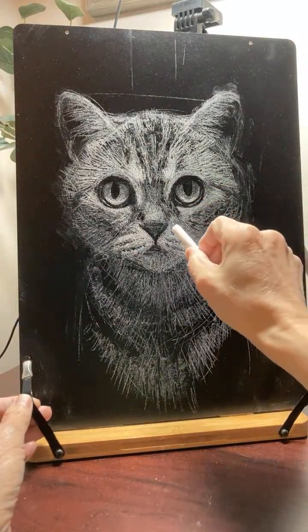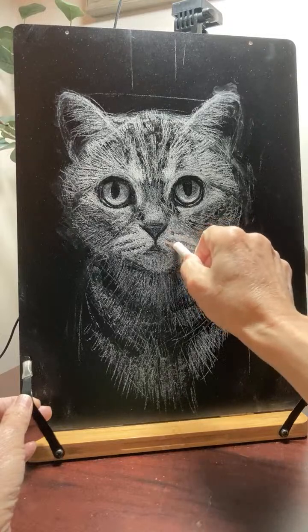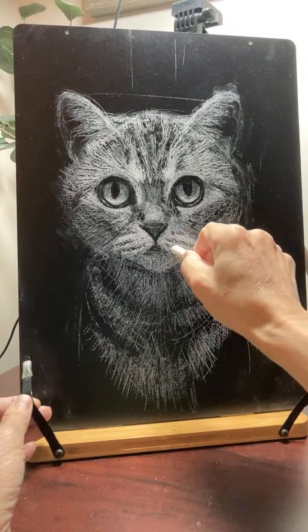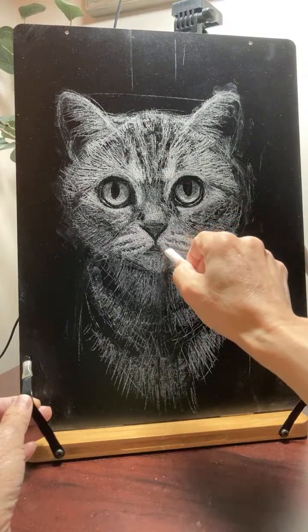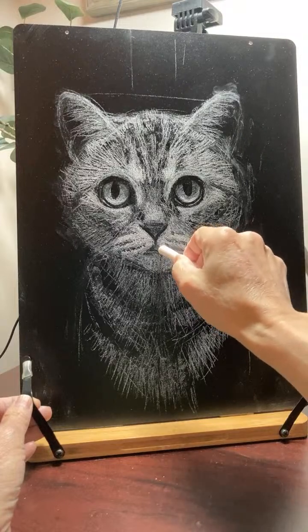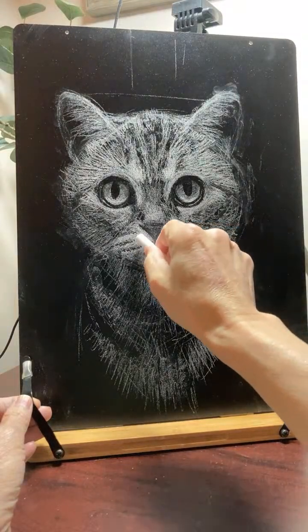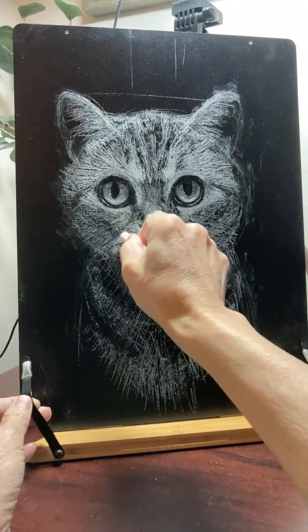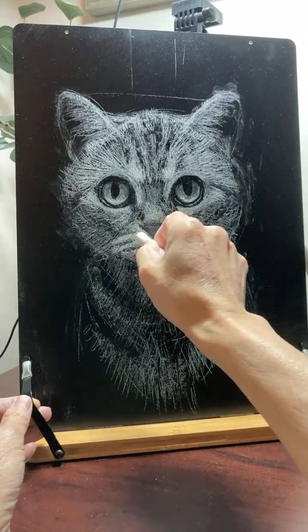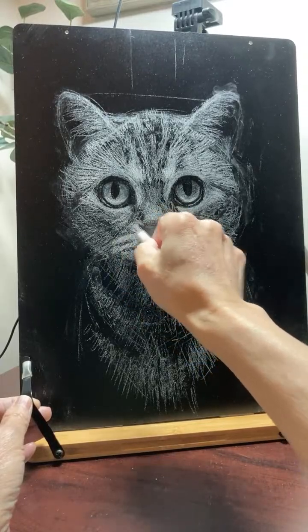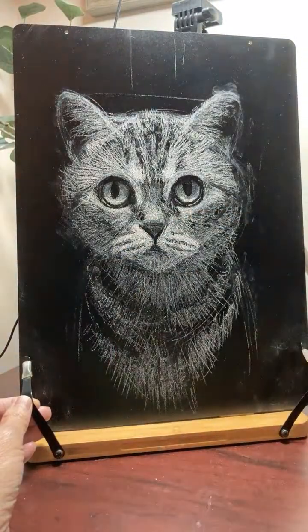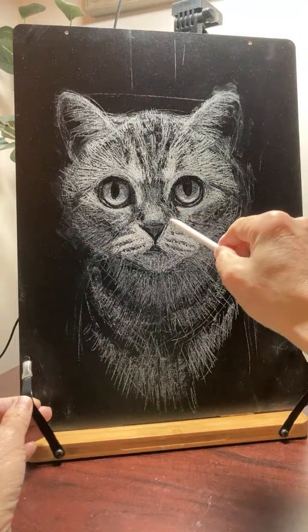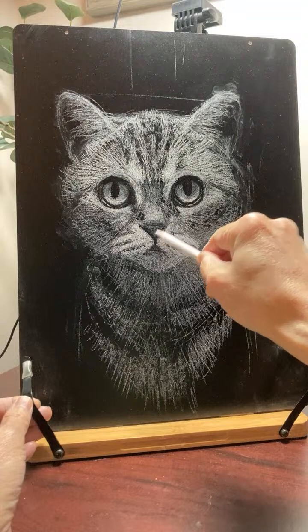You can just put some strokes here. Over. It should not go there. It should go here.